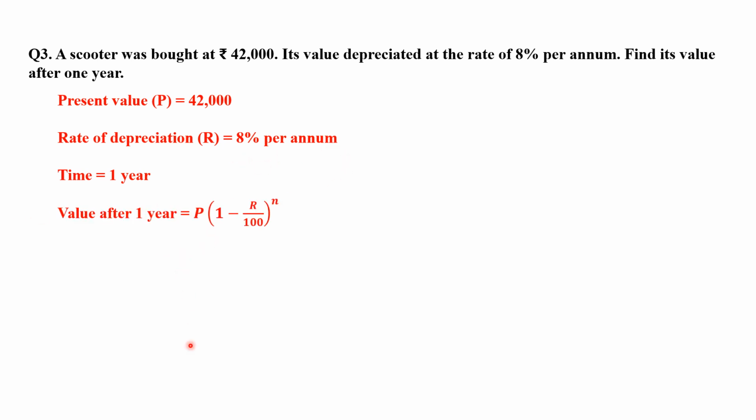So the value after 1 year will be P times (1 minus R by 100) whole power n. Now I'm going to substitute the values here. So my P is 42,000, then 1 minus 8 by 100. As time is 1 year, no need to write the power. 4 times 2, 4 times 25.